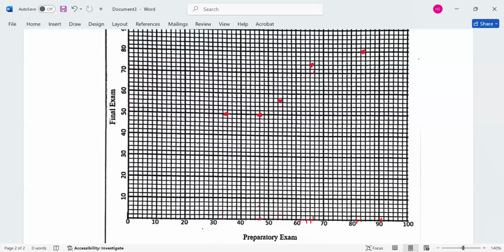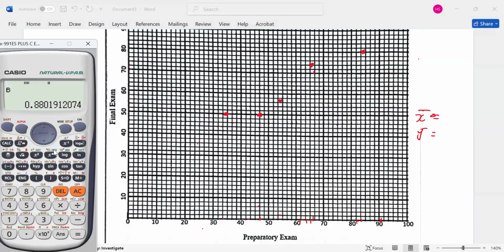Now let's draw the regression line. How do we draw the regression line? We said the regression line is a line which is going to pass through the mean point, number 1. That's what we were checking. We're checking the X mean, and we also want the Y mean.